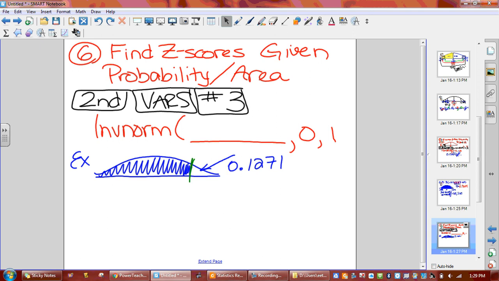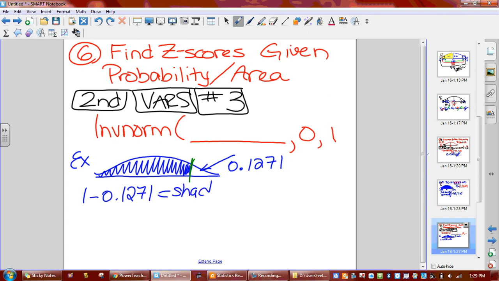So we're going to take 1, subtract 0.1271. And that's going to give us the shaded area, which is going to equal 0.8729. So this is the number that we're going to stick on that blank there.